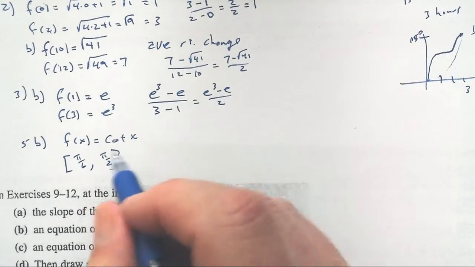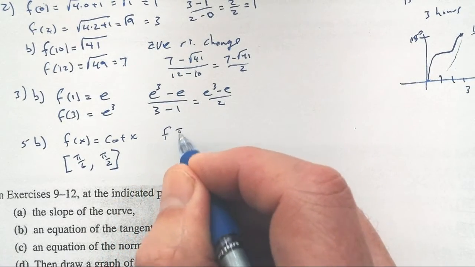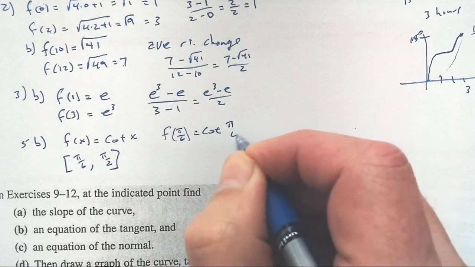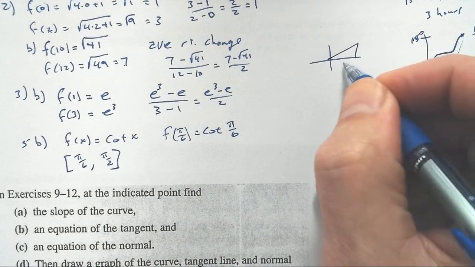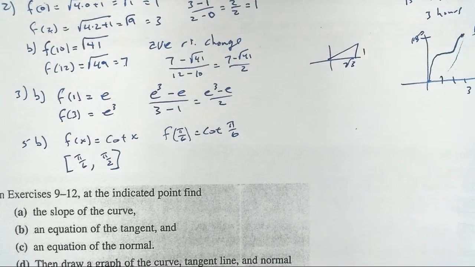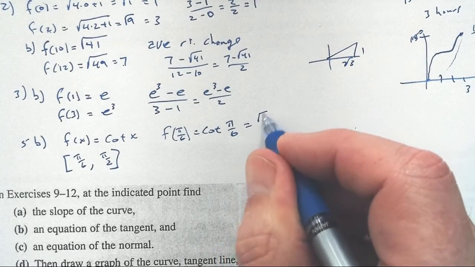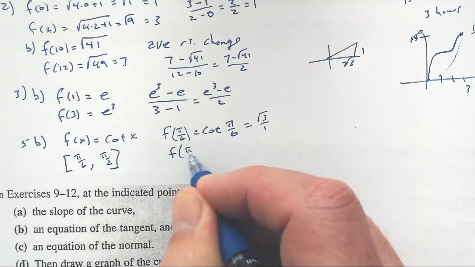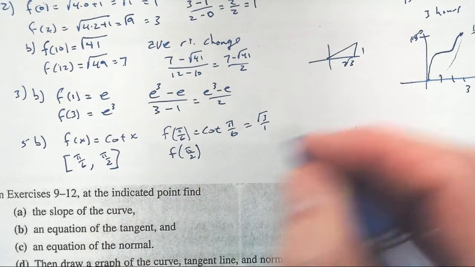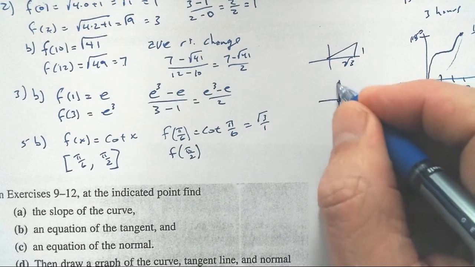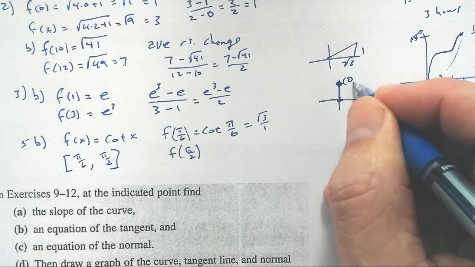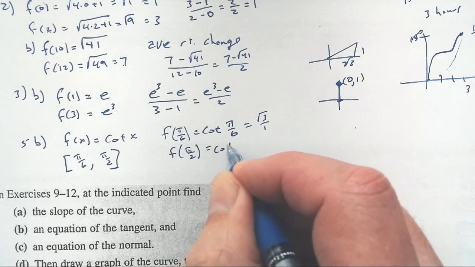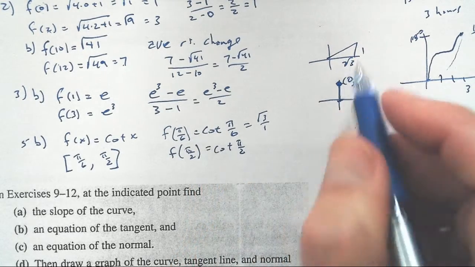F of pi on 6 gets us cotangent of pi on 6, square root of 3 to 1, and f of pi on 2, that's cotangent of pi on 2, is 0 on 1, 0.